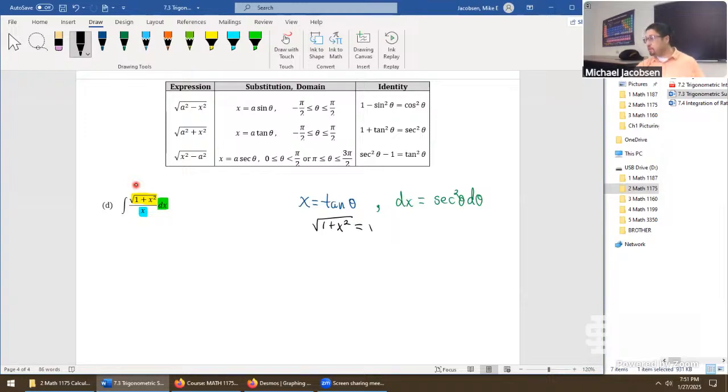So this will turn into square root 1 plus tangent squared theta. So now it's the square root of, by this identity in row 2, secant squared theta. And we get just an ordinary secant theta out of this thing.